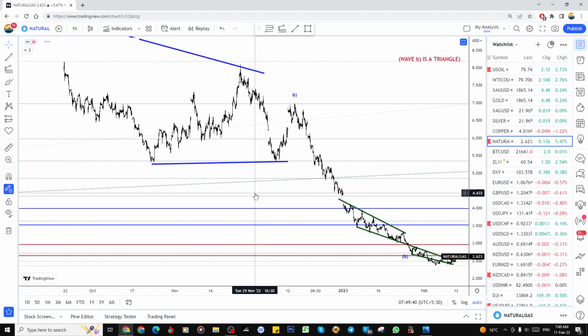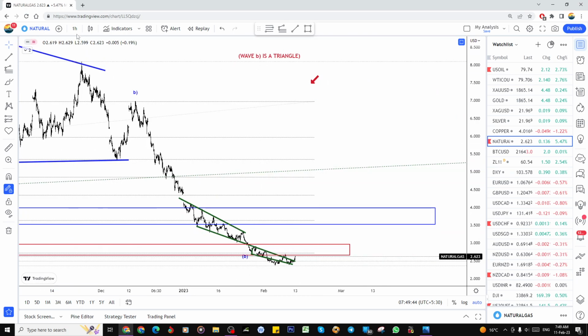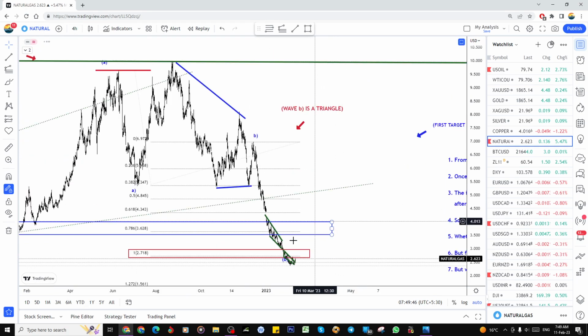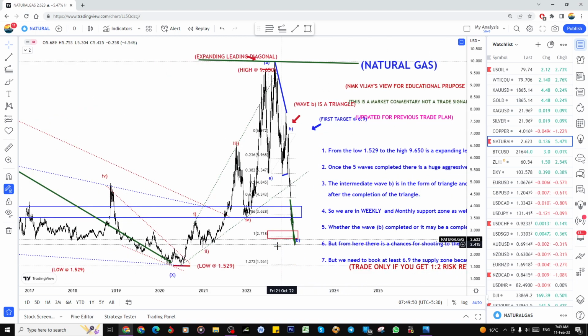So if you need to trade this one, it's very difficult, but the target is the same, my target is the same. It's almost a multi-year low here, right? And this is all the zone I am expecting.